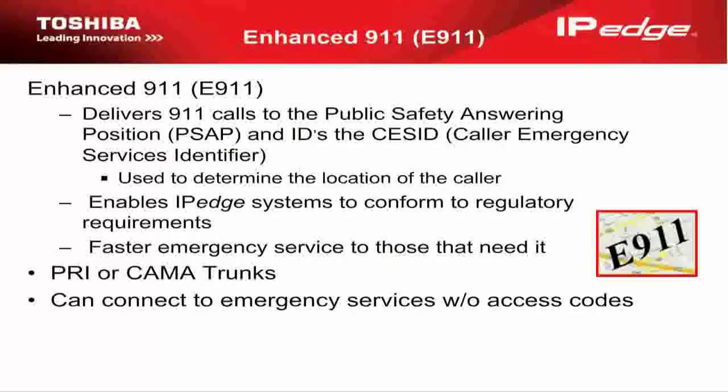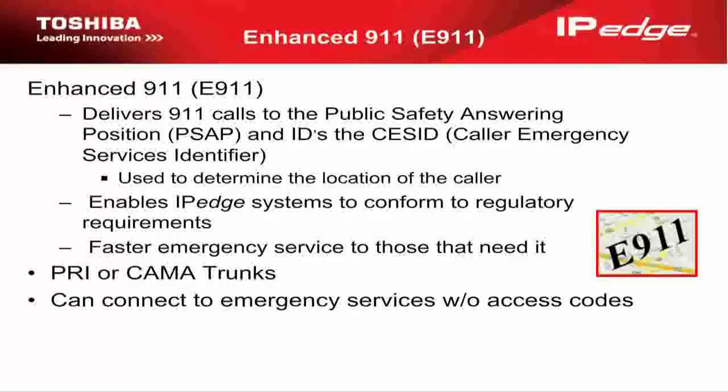Enhanced 911 or E911 delivers 911 calls to the Public Safety Answering Position, or PSAP, with an information element that identifies the source of the call. CESID, which is Caller Emergency Services Identifier, is used to determine the location of the caller. This feature enables the IPedge system to conform to regulatory requirements.